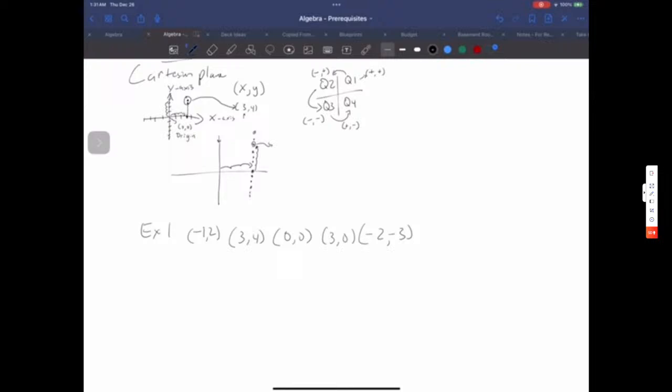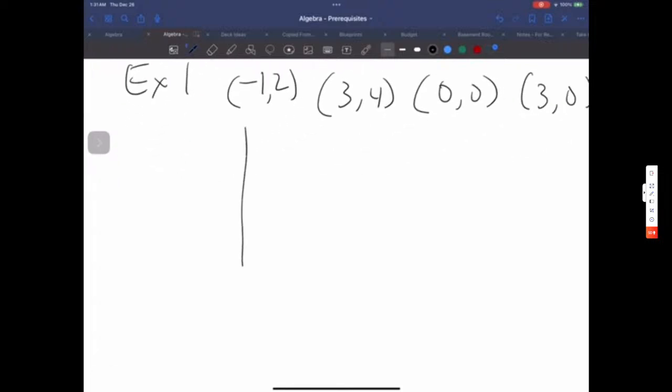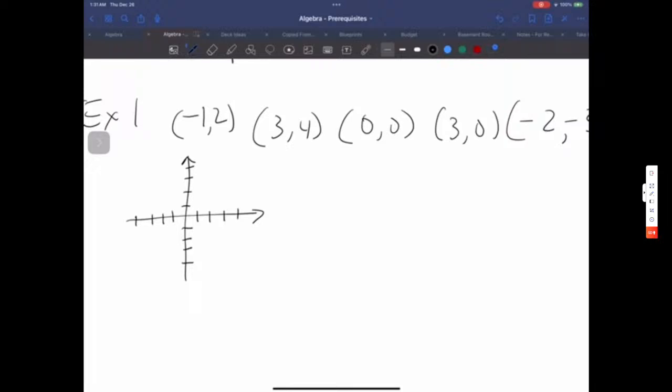Okay, so I'm going to draw my little plane here in black. Draw hash marks 1, 2, 3, 4 in each direction. And I'm going to start plotting the points. Okay, so we're going to plot the points in red.